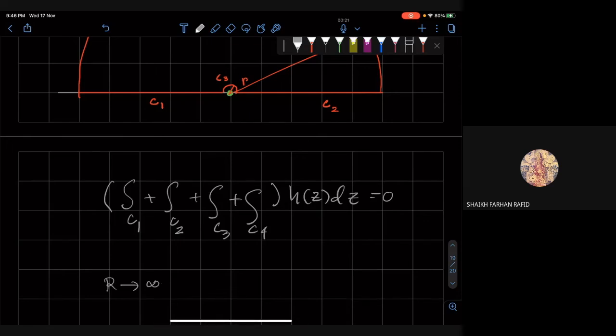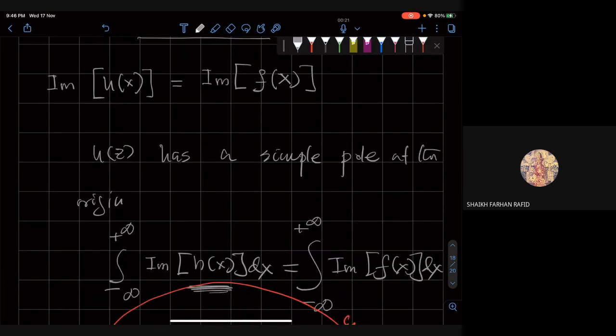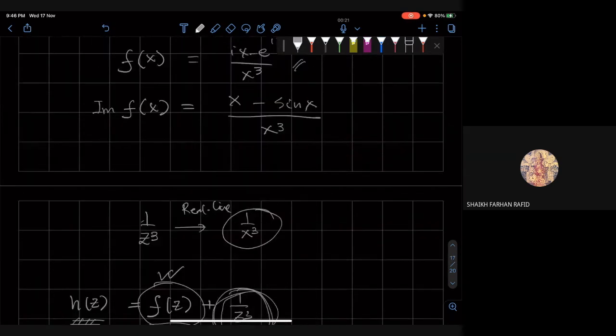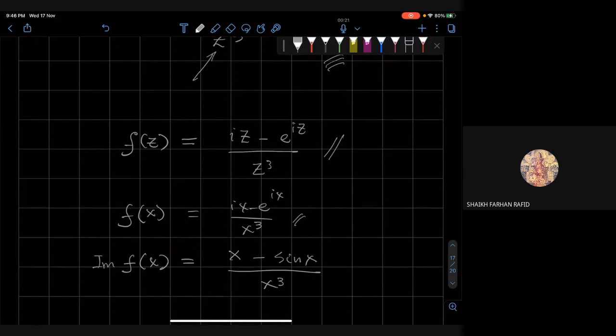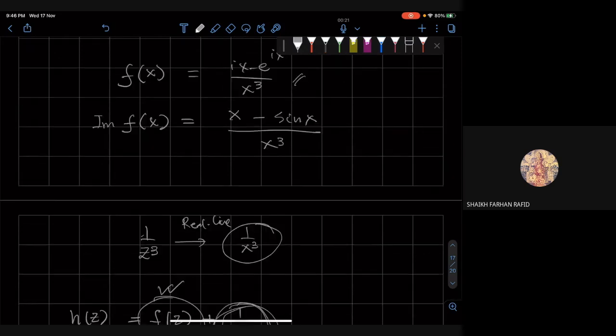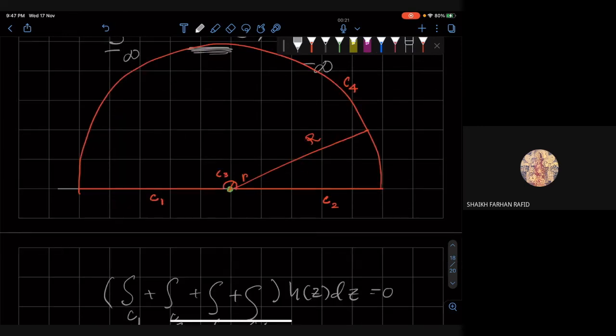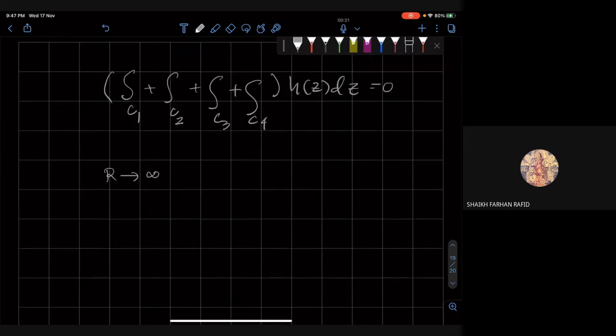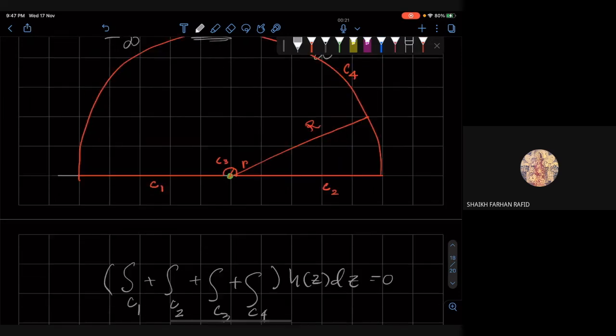If you look at my integral separately, then by Jordan's lemma and the other lemma, we see that the contribution from the C4 part goes to 0. Okay, it's this part.